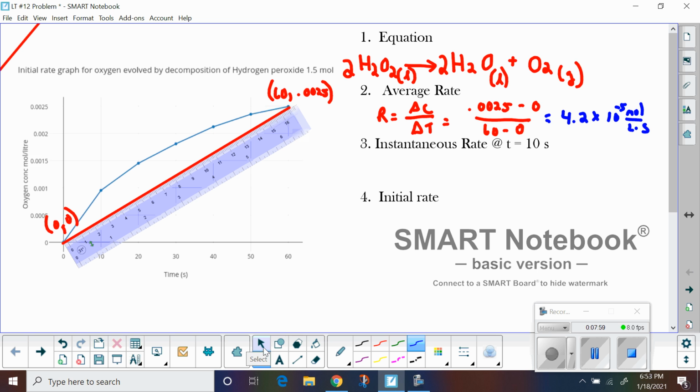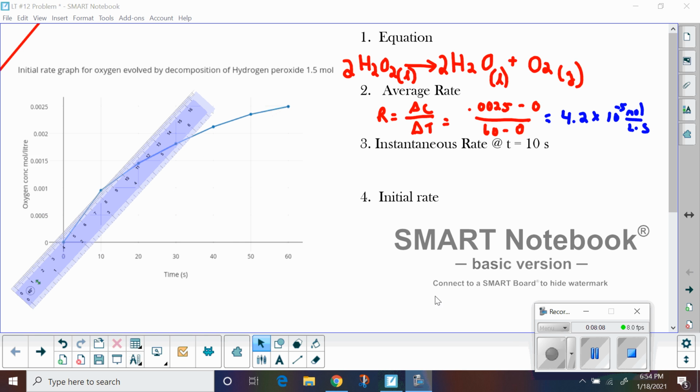Now the next thing I am going to do is find the instantaneous rate at 10 seconds. So what I've already done is I've taken my ruler and placed it at t equals 10 seconds, and I'm going to draw a line that's tangent, or only touches the curve, at t equals 10 seconds.